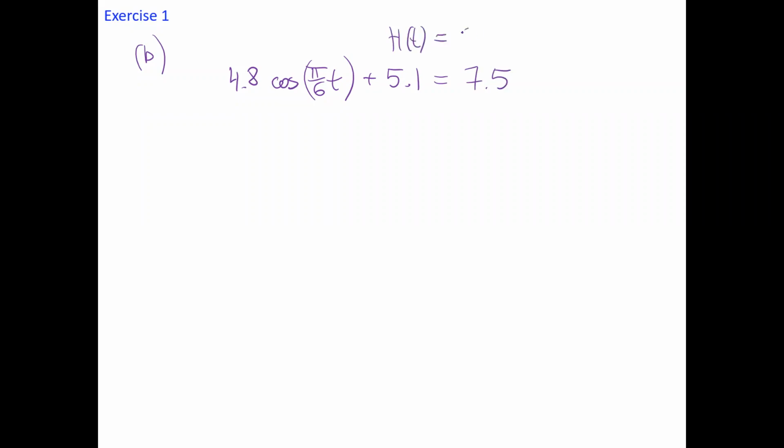Okay, let's isolate cosine first. Cosine of pi over 6t, and subtracting 5.1 gives 2.4, and dividing both sides of the equation by 4.8, we will get cosine of pi over 6t equals 2.4 divided by 4.8, which is 1/2.